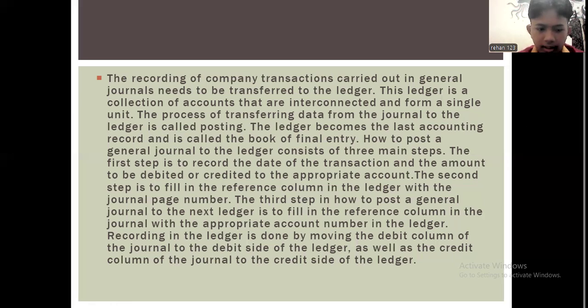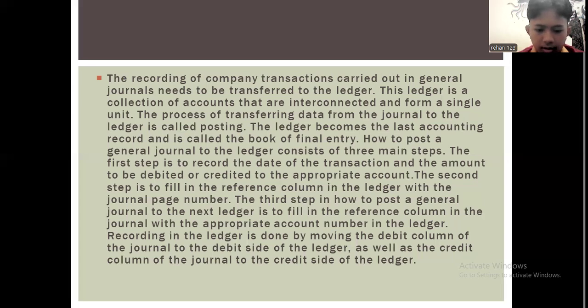The second step is to fill in the reference column in the ledger with the journal page number. The third step is to fill in the reference column in the journal with the appropriate account number in the ledger.